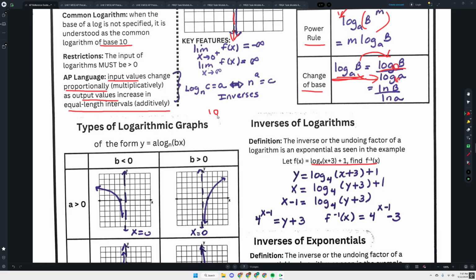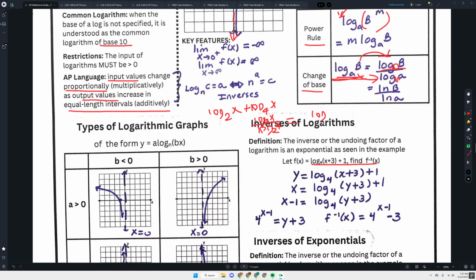For example, if you have log 2 of x plus log 4 of x, you can't add these together. But if you use change of base, this now becomes log of x divided by log of 4, and you can put 2 as the base number, which means now log 2 of 4 is equal to 2.